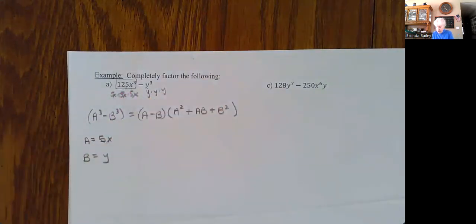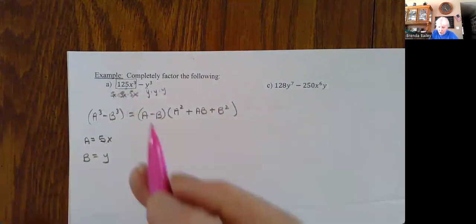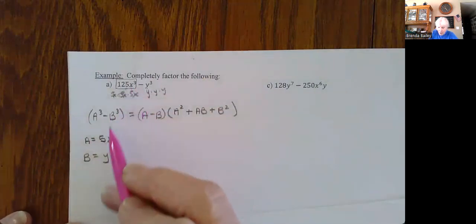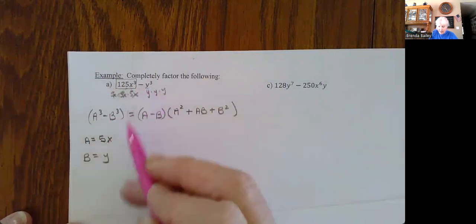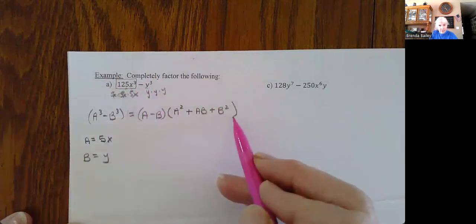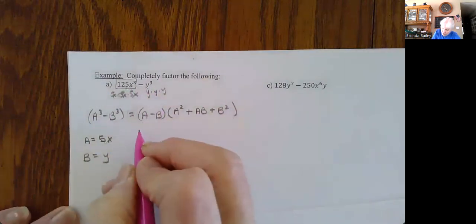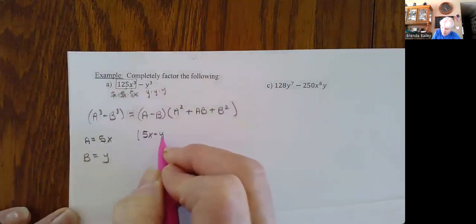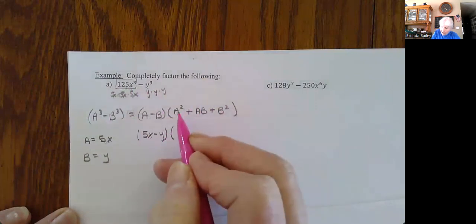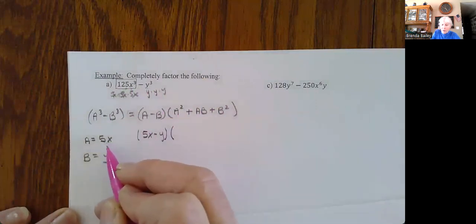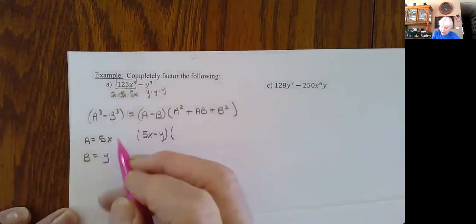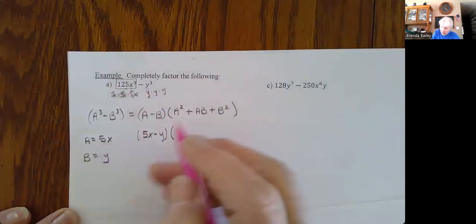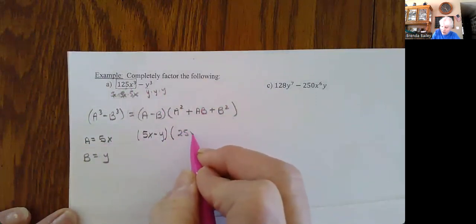All righty. So now that we've determined what we're cubing to get the first term and the second term, we'll follow the formula. We start with our a, which is 5x, minus our b, y. Now we're going to square the a. When you square that, you have to square the 5, so this squared is 25x squared.